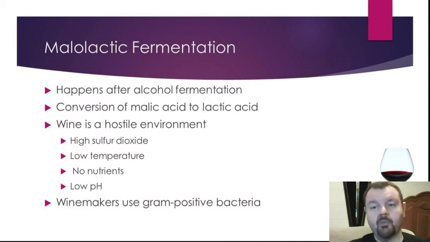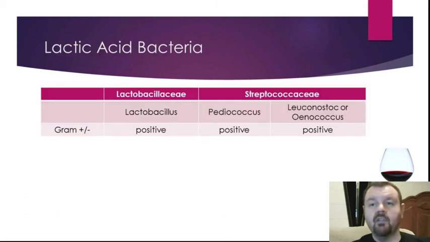It has low temperatures. It has no nutrients because the yeast has eaten it all, and it has very low pH. But winemakers use these gram-positive bacteria to actually lower the acidity of the wine. And right here is just a brief look at some of those lactic acid bacteria: Lactobacillus, Pediococcus, Oenococcus.